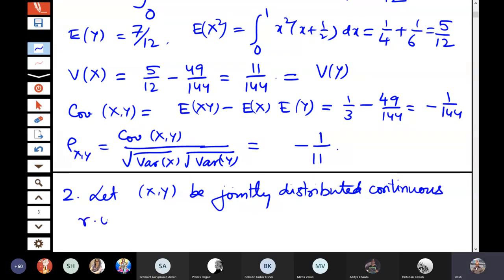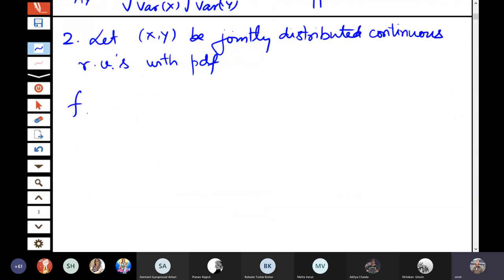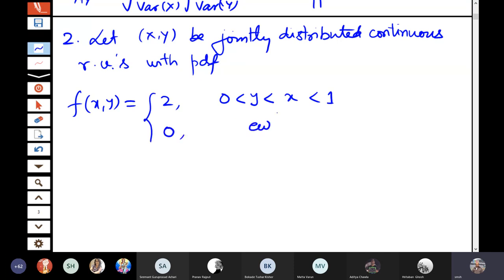Let x and y be jointly distributed continuous random variables with PDF given by say 2 for 0 less than y less than x less than 1 and it is 0 elsewhere, okay?